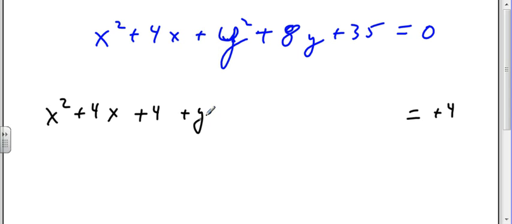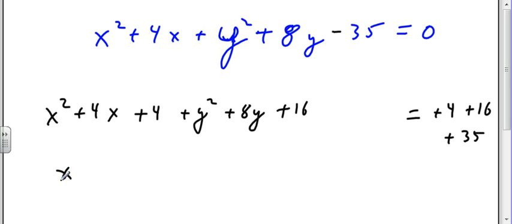And then I have y squared plus 8y. I half the 8 and get a 4, and I square the 4 and get a 16. So I'm going to add 16 to that side of the equation, and add 16 over here. I'm going to make this a minus sign so that life is wonderful. And then another plus 35 on this side.